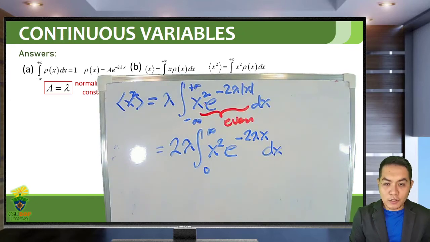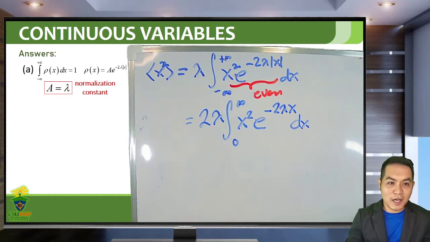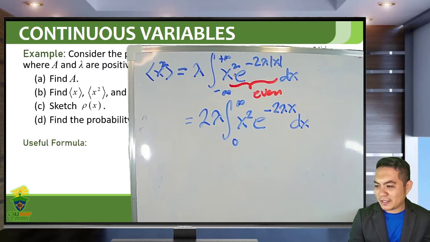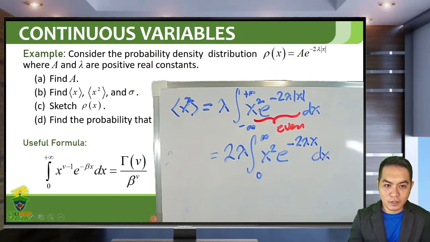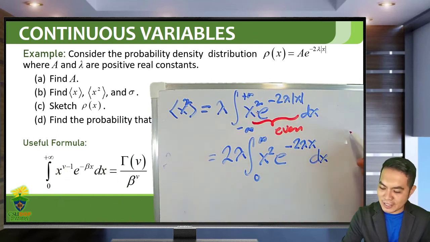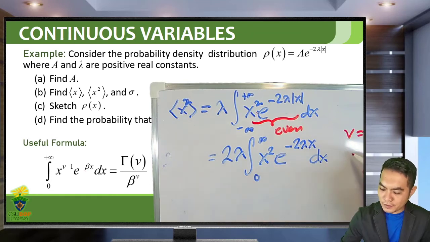In order to evaluate this integral, we need to go back to the useful integral that I have shown you earlier. In this case, this is x squared, and this is x to the v minus 1. Therefore, our v is 3. Our beta here is 2 lambda.